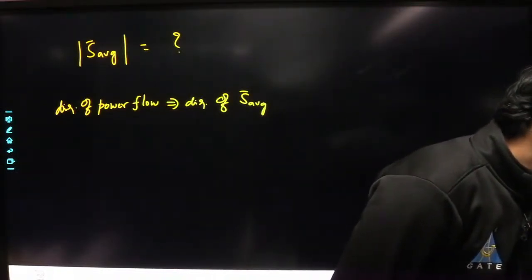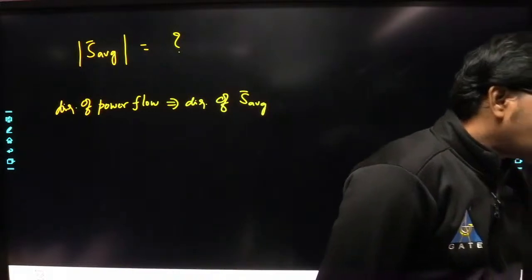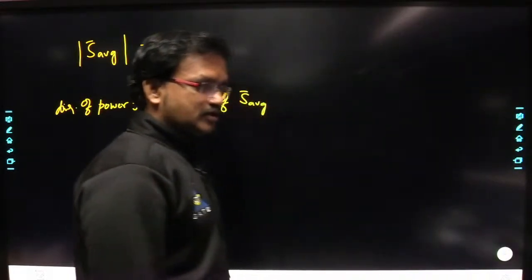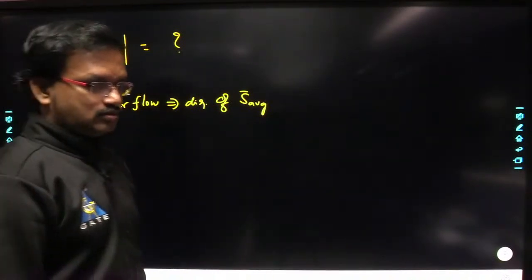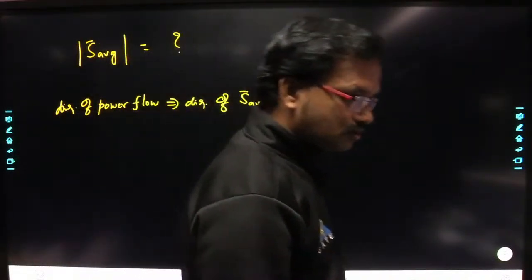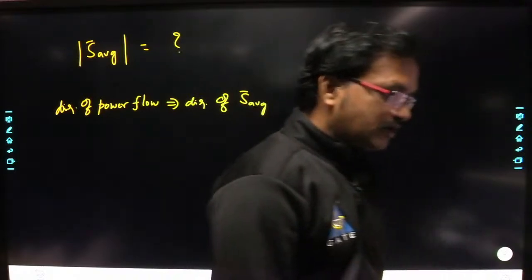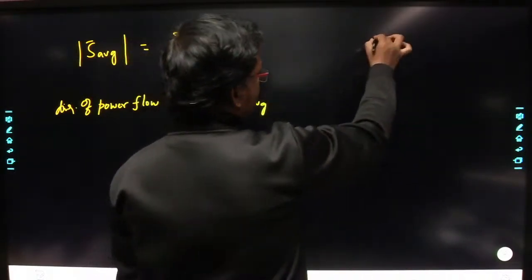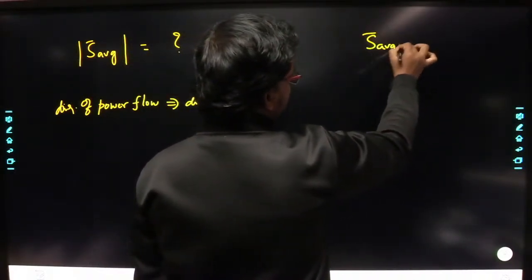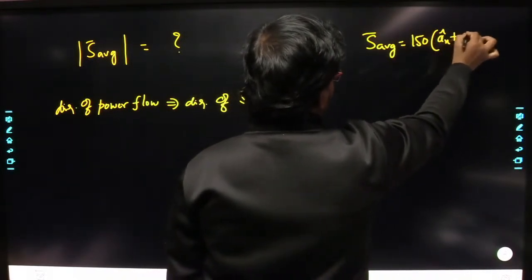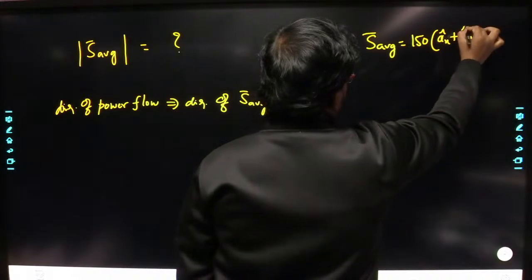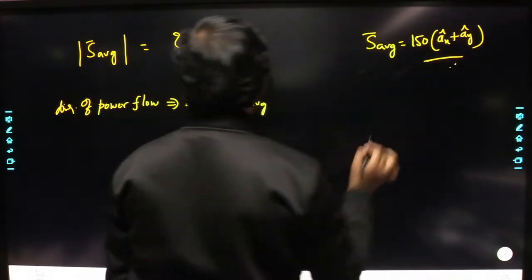5 root 6. Is it 5 root 6 magnitude? Please check, Selvaraj. We got S average is equal to 150 into AX cap plus AZ cap.